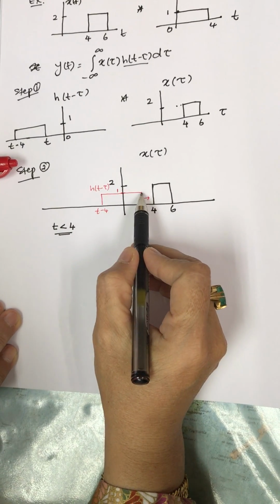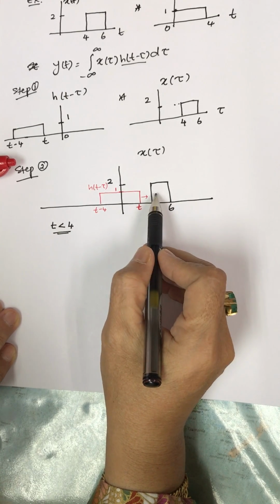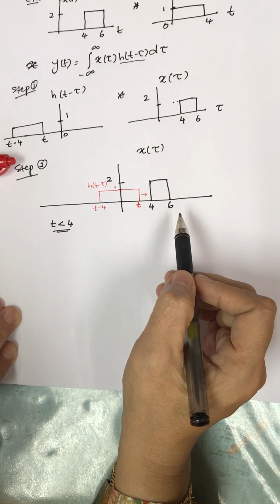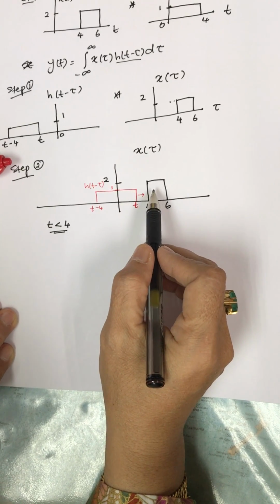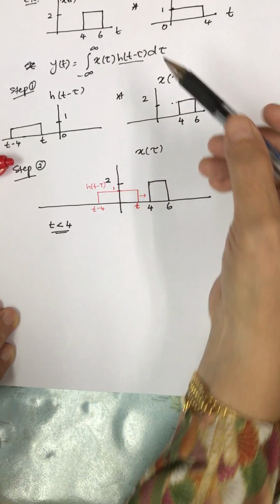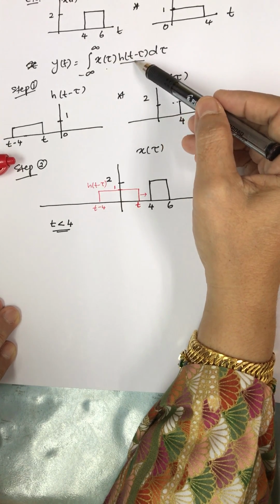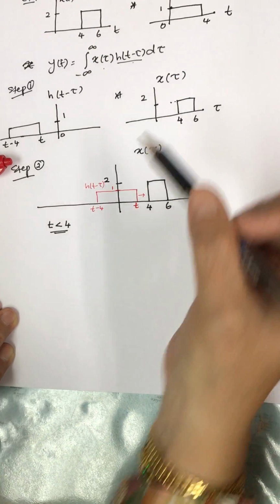You can see here the edge is not overlapping with the signal yet. So when you multiply h of t minus tau and x of tau, you're going to get 0. You know, in convolution, you need to multiply the two signals before you do the integration.